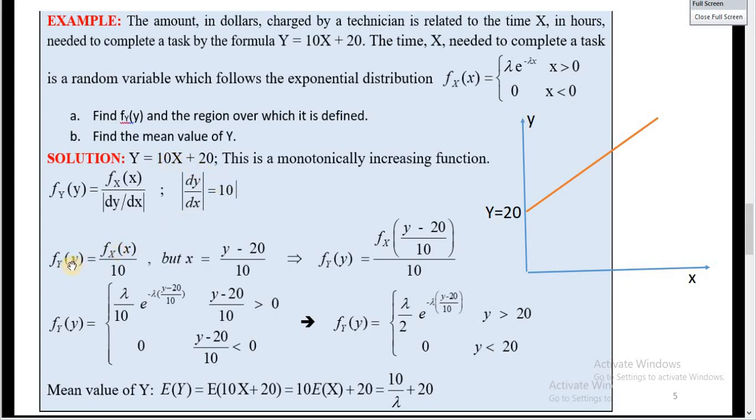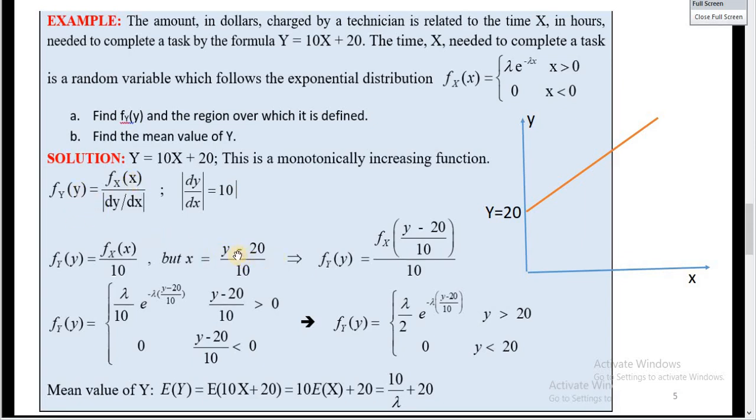Now f sub y of y equals f sub x of x divided by 10. But x is y minus 20 over 10. We need to remember that the left hand side is a function of y, and the right hand side is a function of x. So we need to replace x with y.